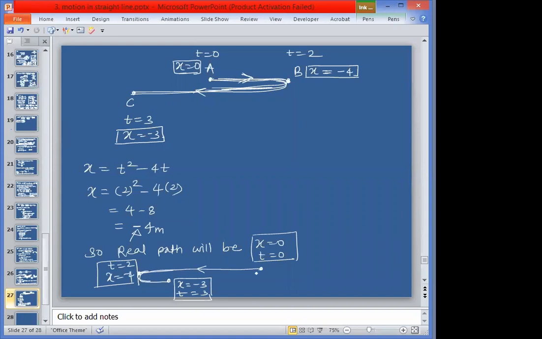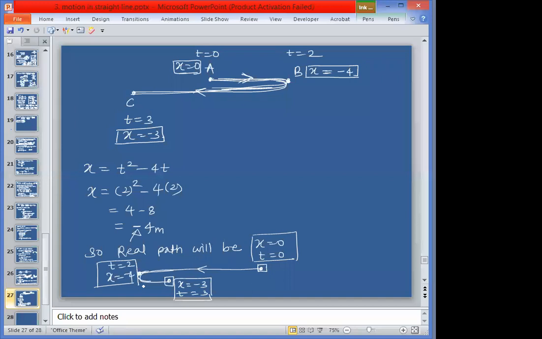Time t equal to 0 ला position 0 आहे, ते काढले आपण. Time t equal to 3 ला position -3 आहे, पण time t equal to 2 ला -4 आली म्हणजे राईटला नाही गेला सर, लेफ्टला गेला particle. पहिला लेफ्टला गेला, velocity 0 झाली, मग राईटला आला. Initial आणि final point तर fix आहे. काय गंमत आहे बघा. Everyone replying in the chat box.